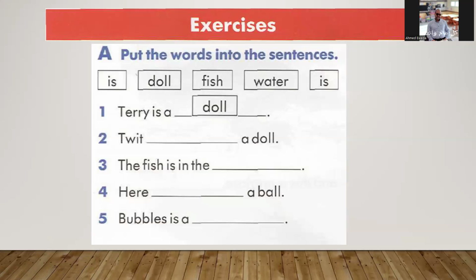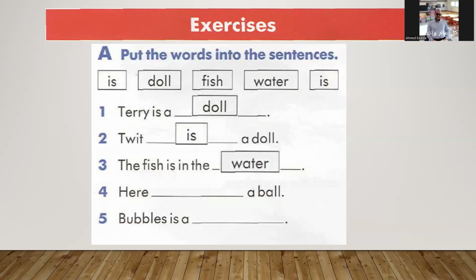Number two, Twit. Here is the name of the subject, the character Twit, and we need a verb. We need is. Twit is a doll. What about number three? The fish is in, yes, the water. The fish is in the water.